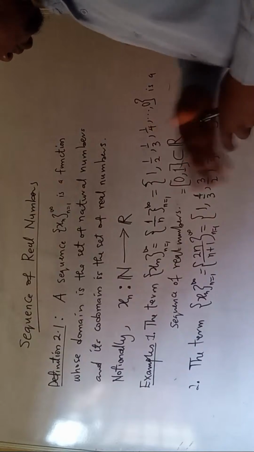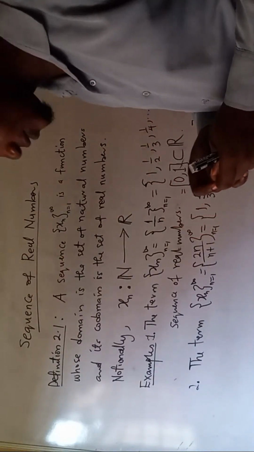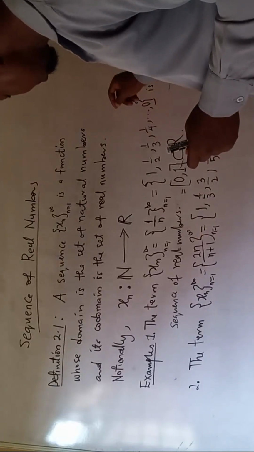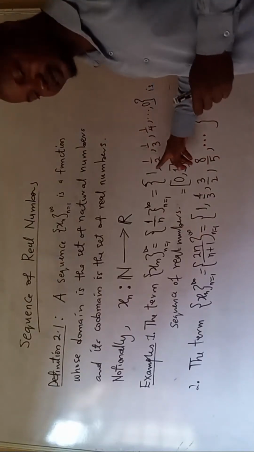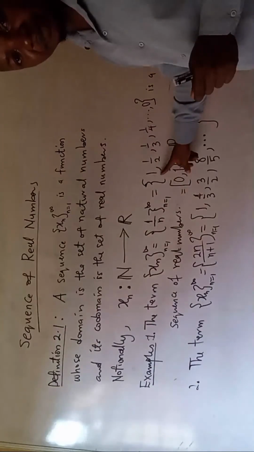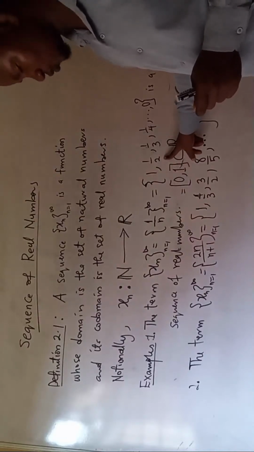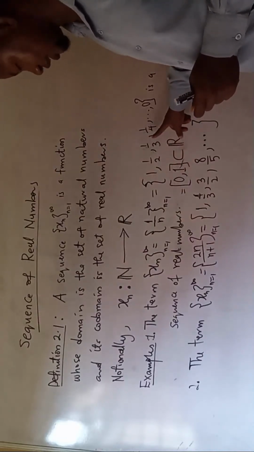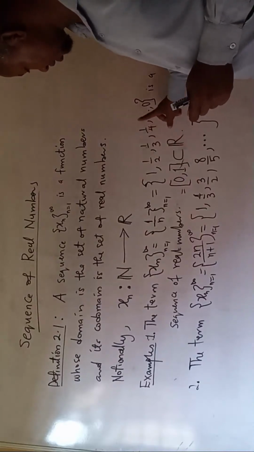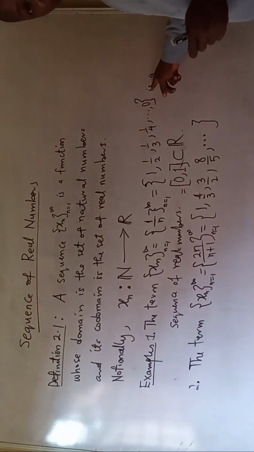But at the beginning of this course, I want us to take something into notice. You'll see that the first sequence starts from 1, which is more than 1 over 2. 1 over 2 is more than 1 over 3. 1 over 3 is more than 1 over 4, and this is going to 0.